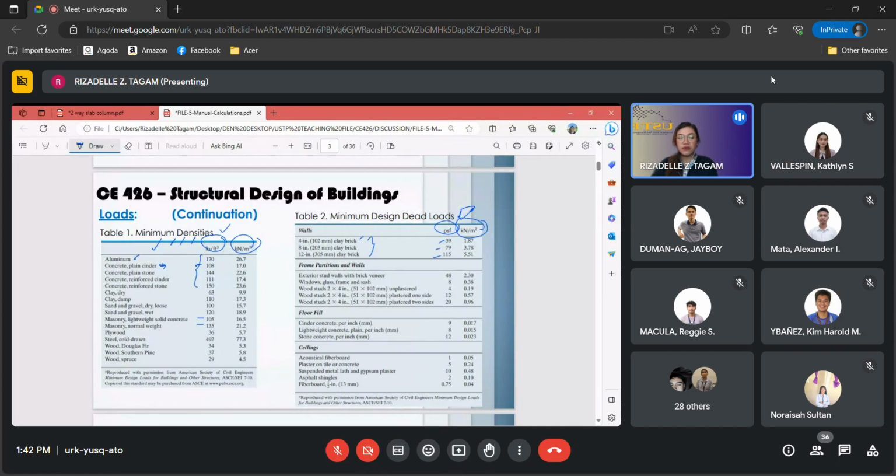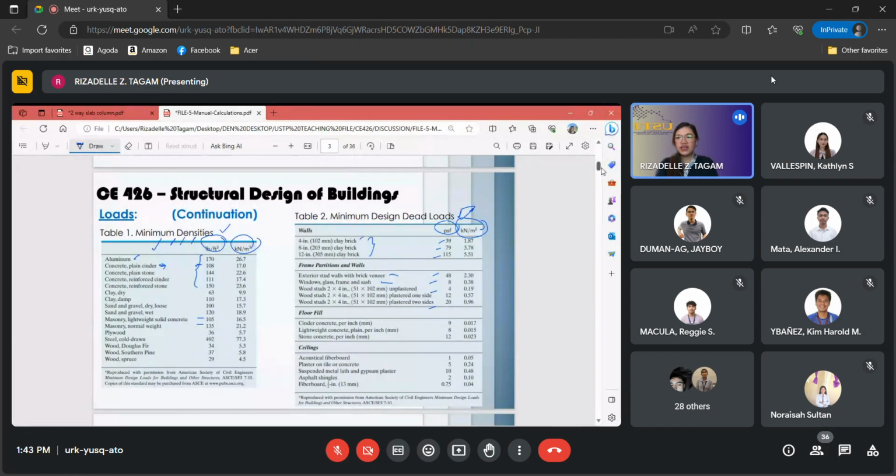Katong W bitaw sa atong tributary area, katong W, dili ka mo-guess. For partition walls, okay. Naa kay mga studs, no? Naa kay glass, glass ba imong gamiton, no? Mga wood studs, naay PSF. And naa pay kilonewton per square meter.